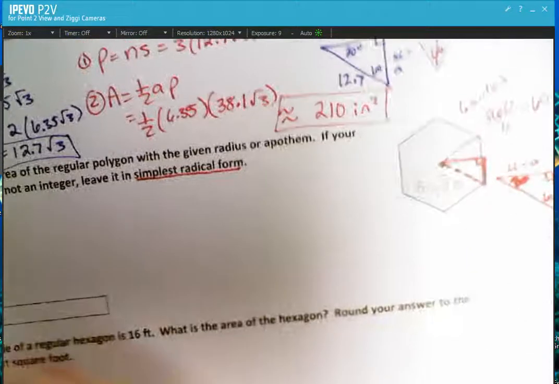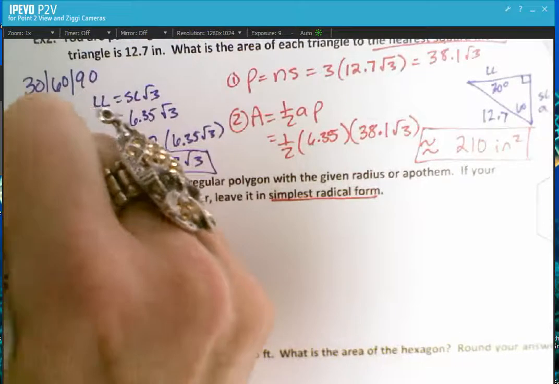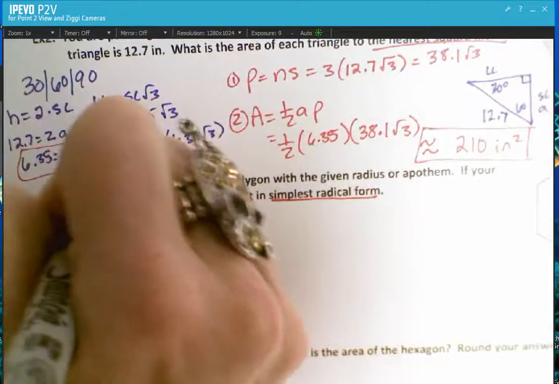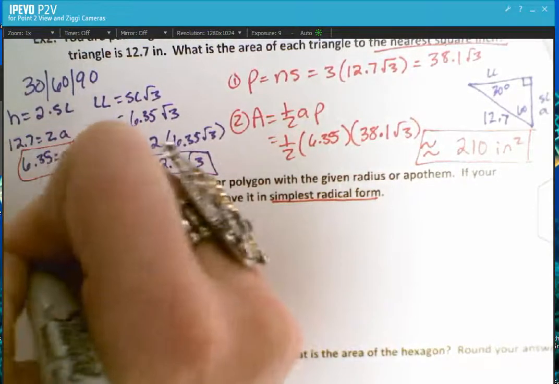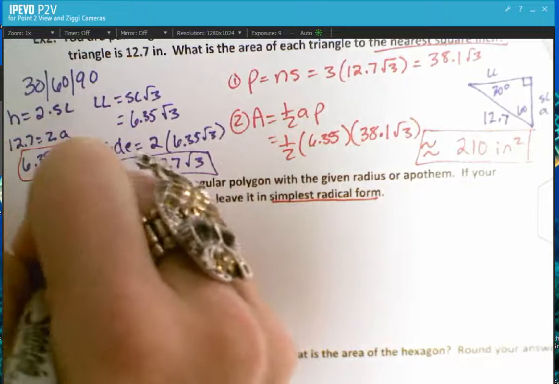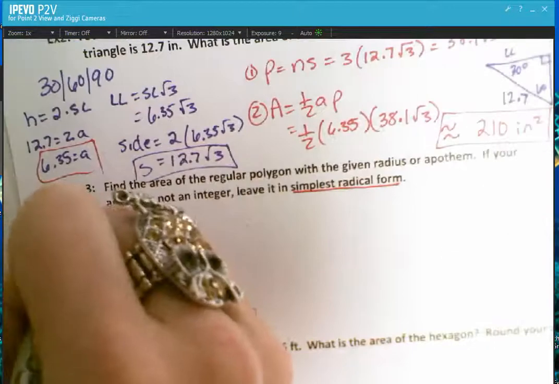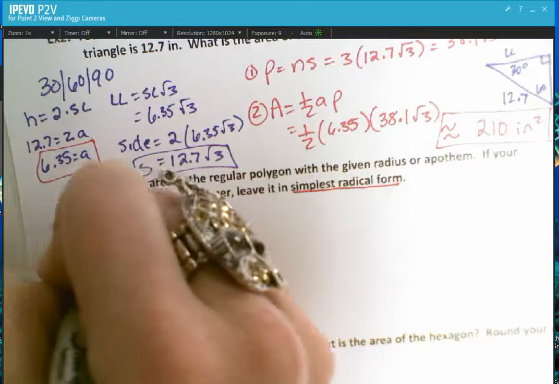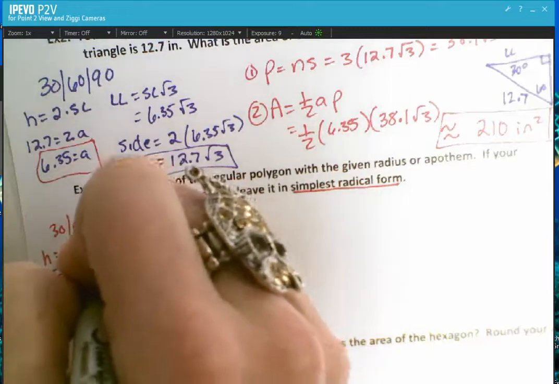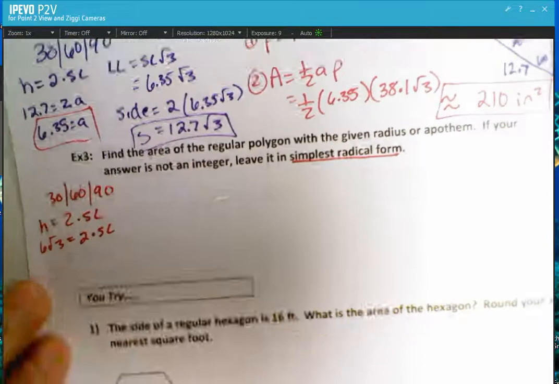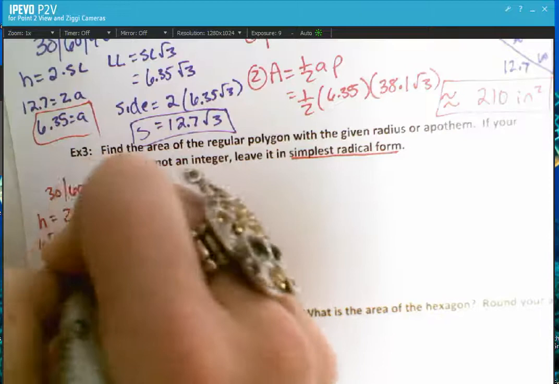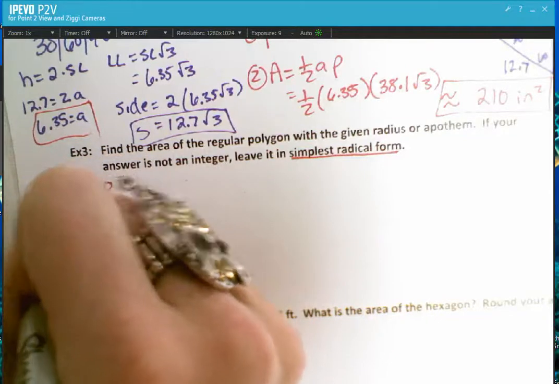So I'm going to start with my 30, 60, 90s. I have 30, 60, 90. I know the hypotenuse is equal to 2 times the short leg. They gave me the hypotenuse of 6 rad 3, which is equal to 2 times my short leg. So divide both sides by 2. I get my short leg is equal to 3 rad 3.